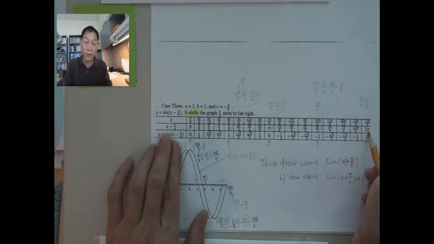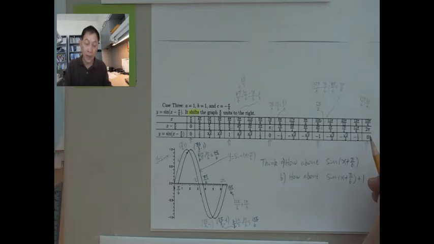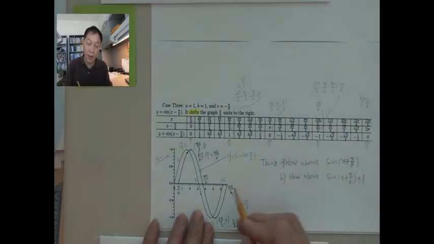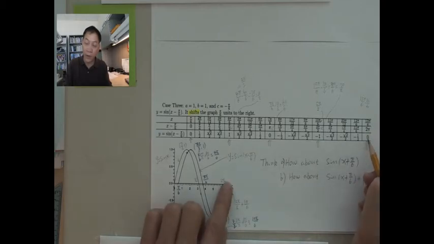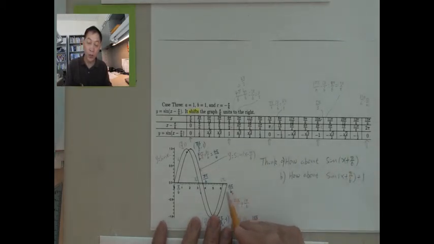Then you got 2 pi for x minus pi over 6. Sine 2 pi is 0. So then you have 13 pi over 6 for x, and y is 0.